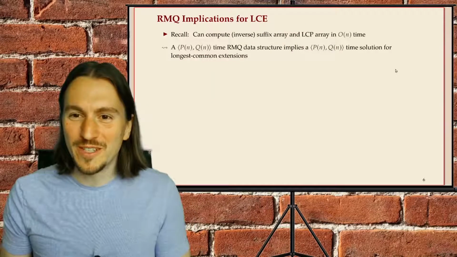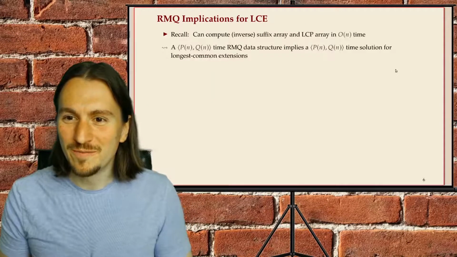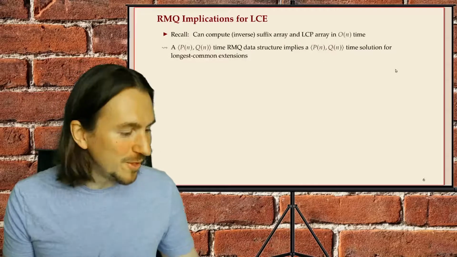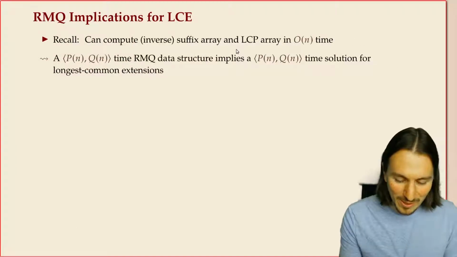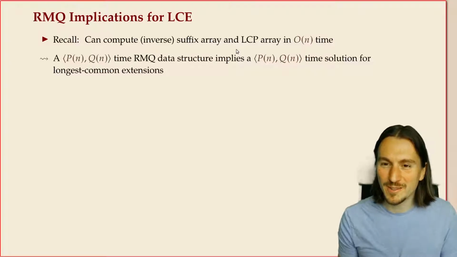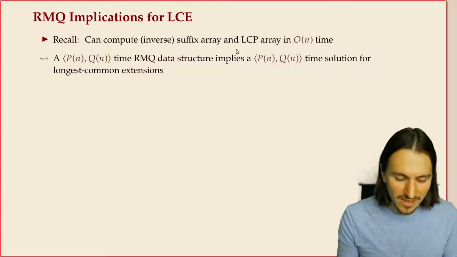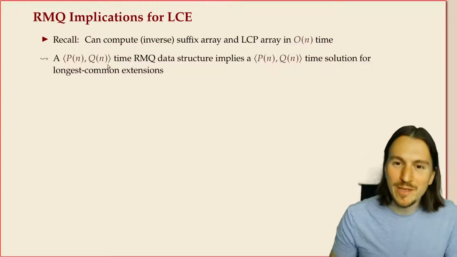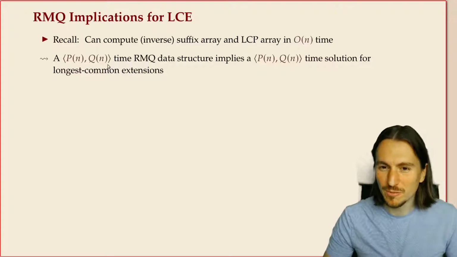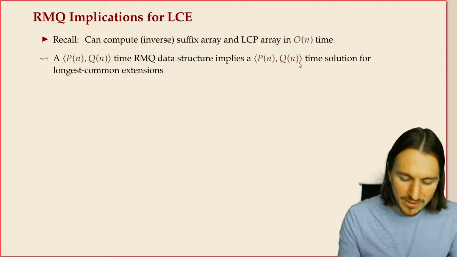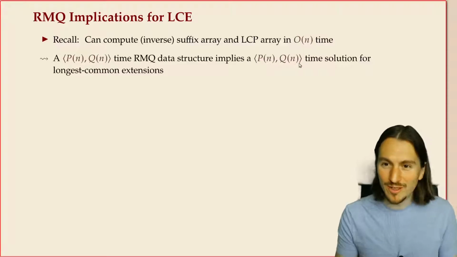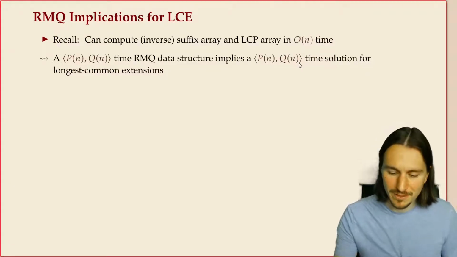So what does it mean to have RMQ for LCE? We can compute the inverse suffix array and the LCP array in linear time. So whenever I have a P and Q solution for range min queries, that means I have the same P and Q solution for longest common extensions, right?